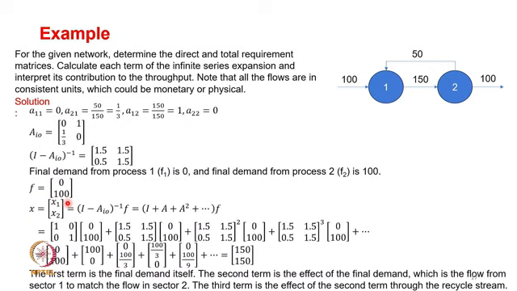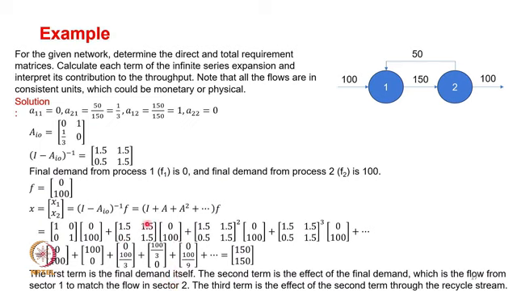The inverse, of course, you can write as the infinite series: I times f, A times f, A squared times f, and so on and so forth. I times f is of course f, which is nothing but the final demand.